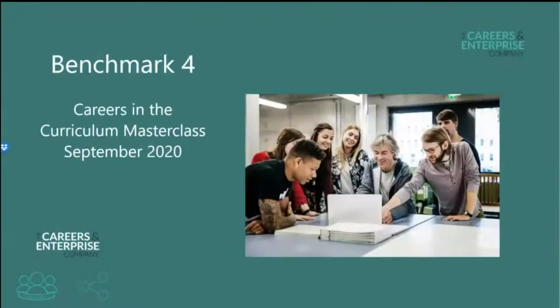There are significant challenges around Benchmark 4 and careers across the curriculum. There is pressure around time and curriculum delivery, pressures around a vulnerable labour market and the acute need to ensure that students are confident, empowered and supported to make positive transitions at 16 and 18.